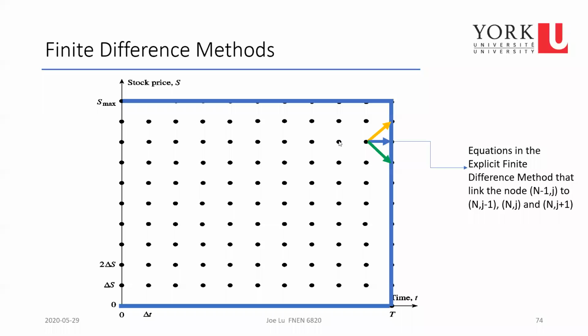You repeat that every time the immediate exercise value is greater than the discounted expected value. Eventually you calculate the F value along this line here. Say this one is the current stock price, then the F value calculated here is the option value that corresponds to the current stock price, and you get your option value.